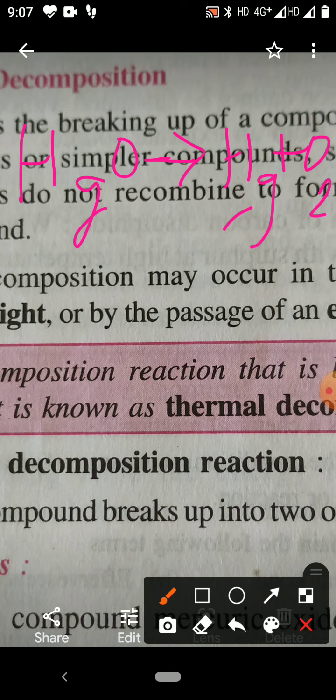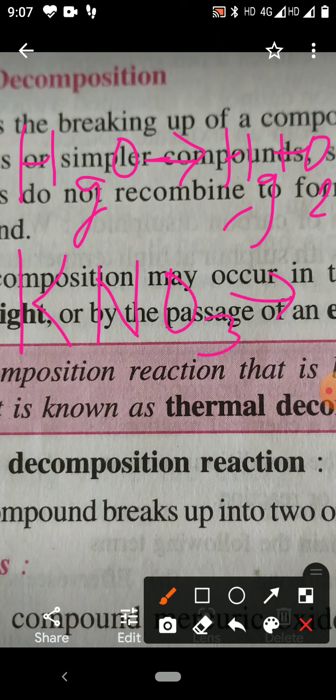Now the second one is in which a compound is going to break into an element and a compound. Example is potassium nitrate, KNO3.